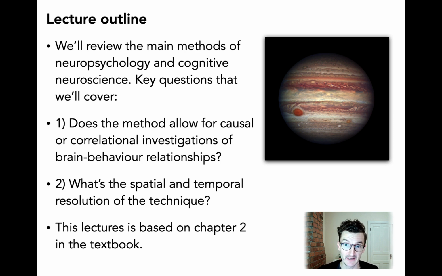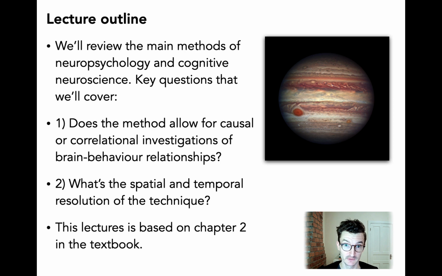And so what we're going to look at in this lecture are methods, neuroscientific methods, that allow us to examine brain behavior relationships in both humans and animal models. And so when we're going through these methods, what you want to think about is, does the method allow for a causal versus correlational investigation of the link between behavior and brain function?